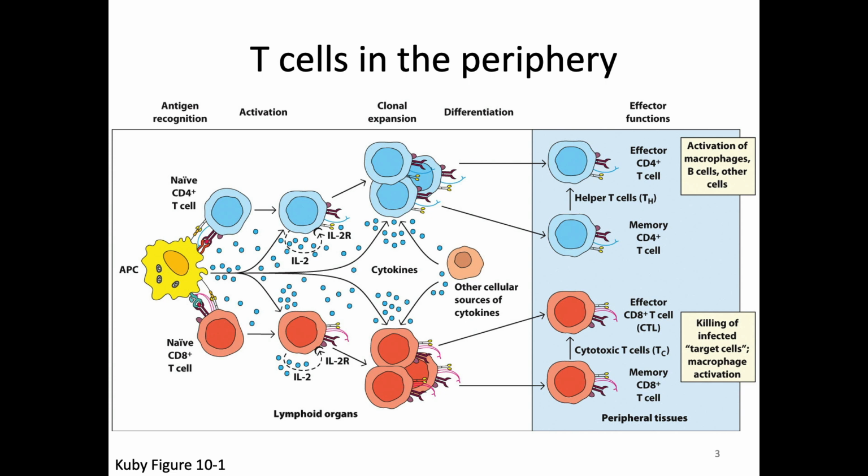Pretty much our whole time today, and say half of our next class period, we'll be thinking about the cell getting activated and going from being a naive cell to a cell that has gained its effector function and can now do something about the microbes. Then the second half of our next class and the class after that, we're going to talk about the effector functions.